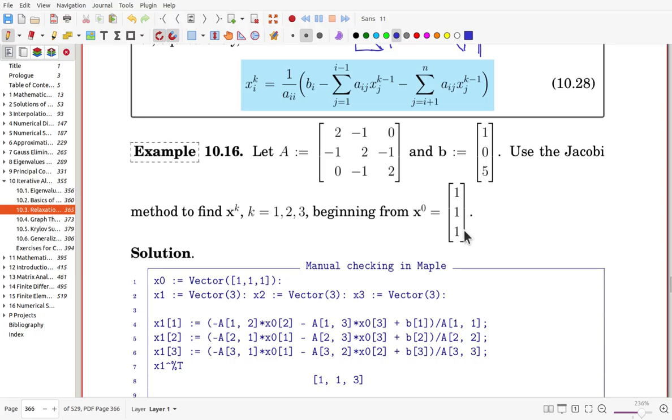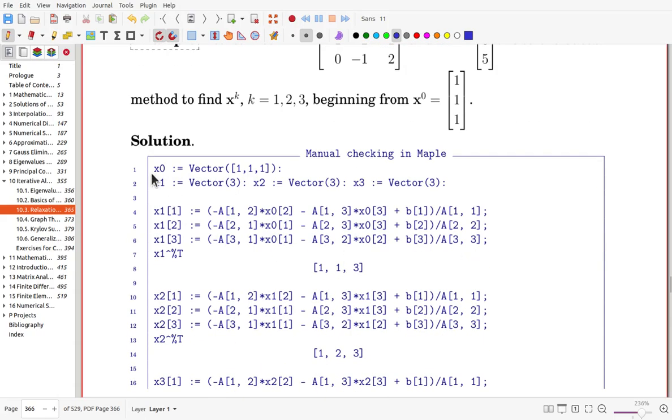We start from 1, 1, 1. Let's see the iteration details. Start with x0, 1, 1, 1, the initial vector, and we open x1, x2, x3, having length 3.